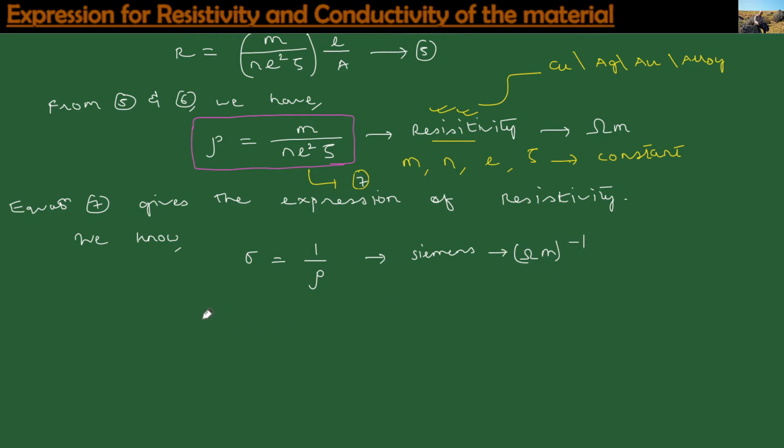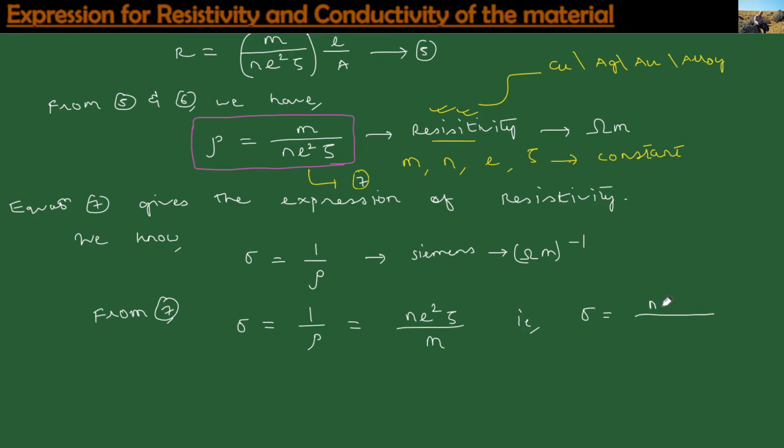From equation 7, if we take the reciprocal, sigma will be 1 divided by rho, which means sigma equals n e square tau divided by m. That is the expression for conductivity.